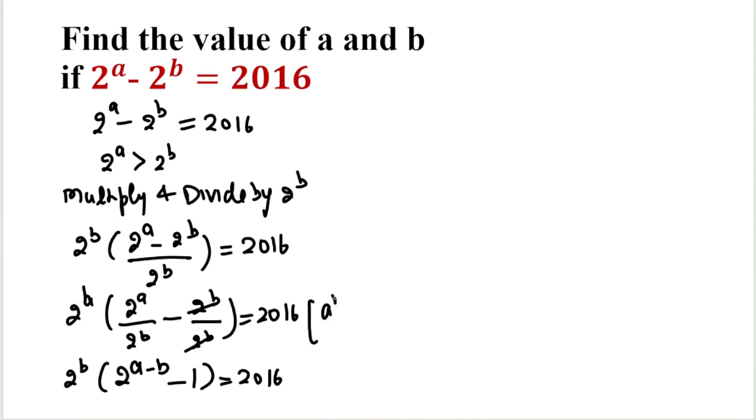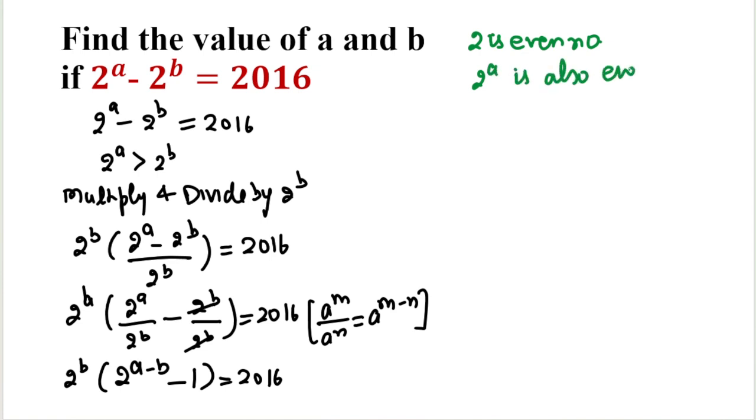Now we use the property a power m upon a power n equal to a power m minus n. Now 2 is an even number, so 2 power a is also even and 2 power a minus b is also an even number.